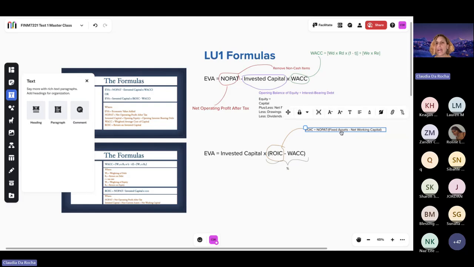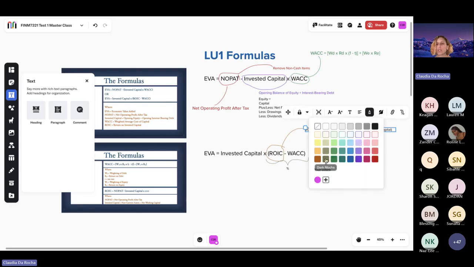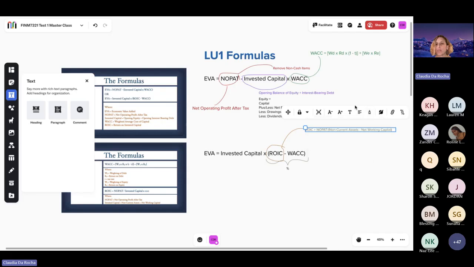When I say fixed assets, it's basically your non-current assets, so maybe I'll change that to non-current assets so that you understand: non-current assets less your net working capital. Your net working capital is a principle from financial management 2A, because as you should all know, everything in finance builds on each other.